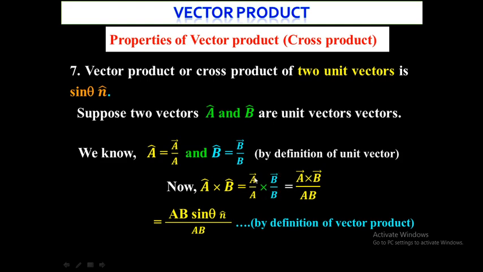We can combine these because A and B are magnitudes, so the denominator is the product A into B, and in the numerator we get A cross B.